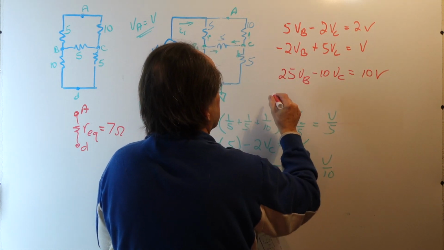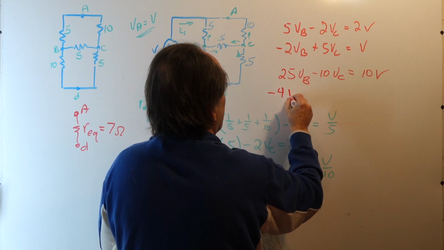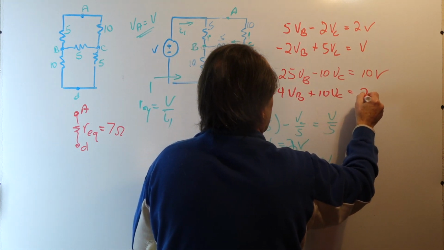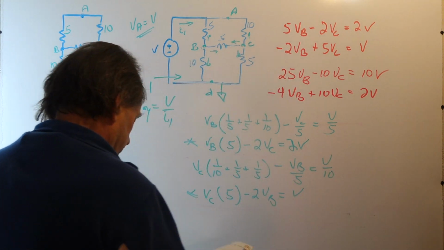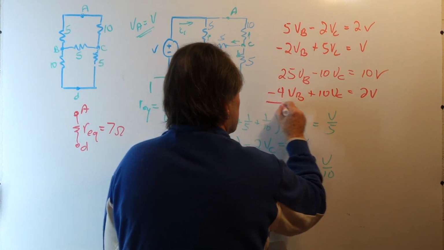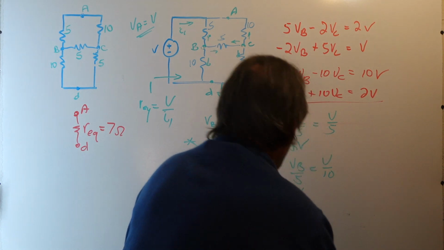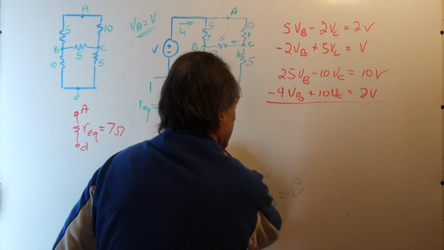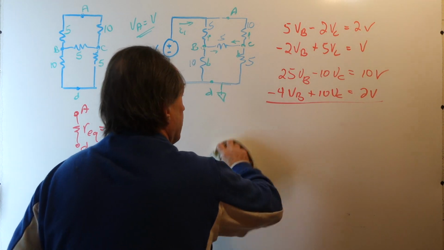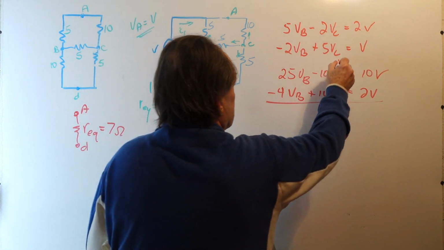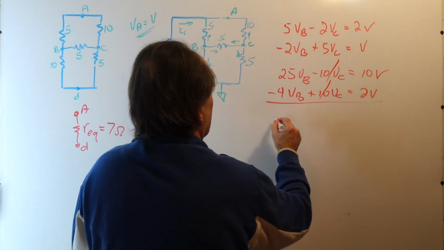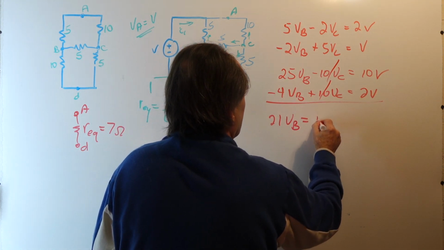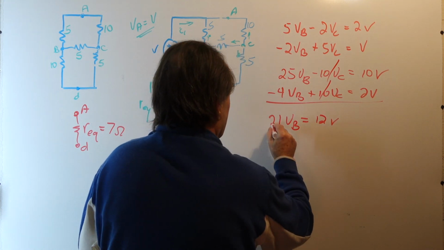This equation times 2 is minus 4 VB plus 10 VC is equal to 2V. We add the two equations and our VC drops out. We end up with 21 VB is equal to 12V.